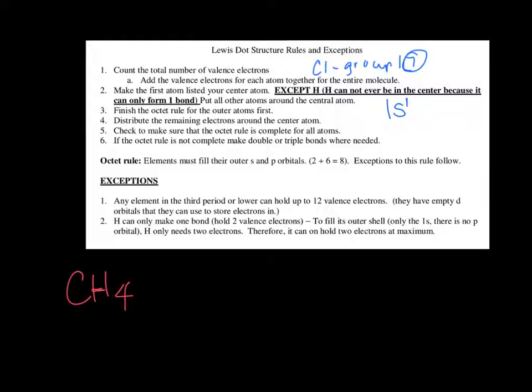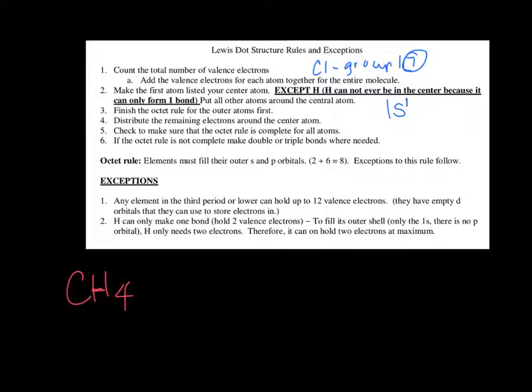All right, and then we're going to put all the other atoms around the central atom. Next, we finish the octet rule for the outer atoms first. The octet rule says elements must fill their outer s and p orbitals. s can hold 2 electrons, p can hold 6 electrons, and you add those two together and you get 8 electrons total.